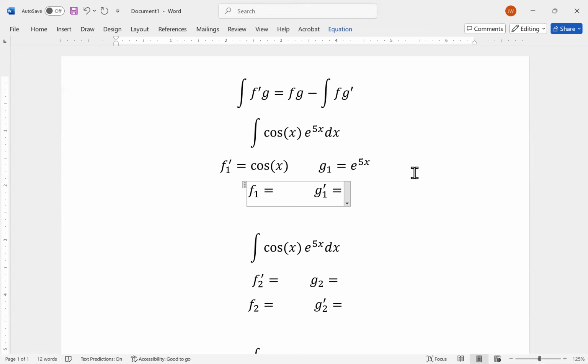So the antiderivative of cosine is a positive sine. The derivative of e to the 5x is 5 times e to the 5x.